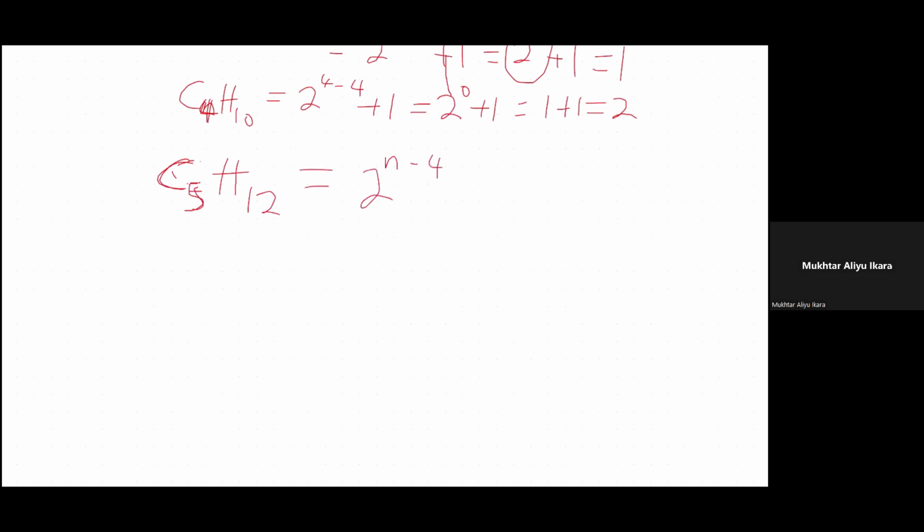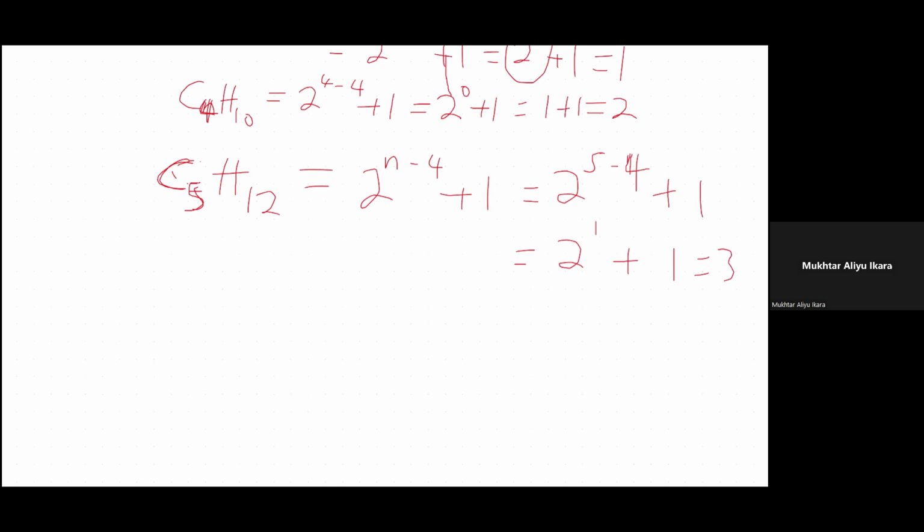So it means that we have 2 raised to the power of 5 minus 4 plus 1. So 5 minus 4, we have 2 raised to the power of 1 plus 1. And any number raised to the power of 1 is that number. So 2 to the power 1 is 2, so 2 plus 1, we have 3.